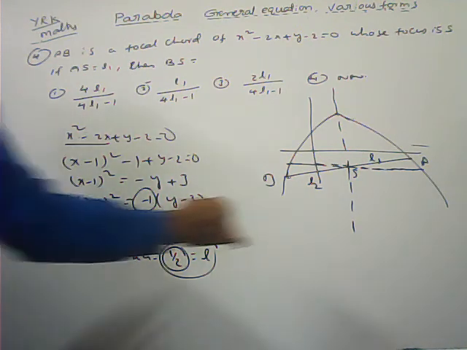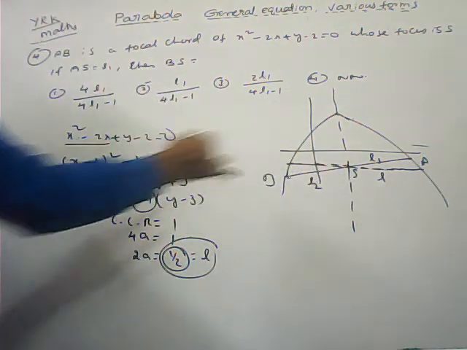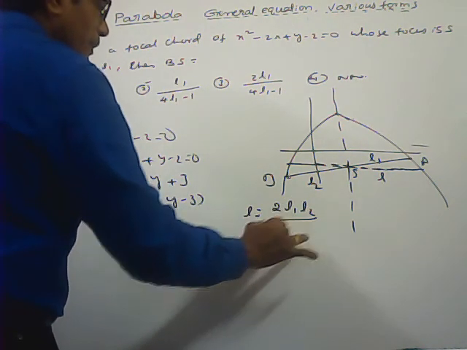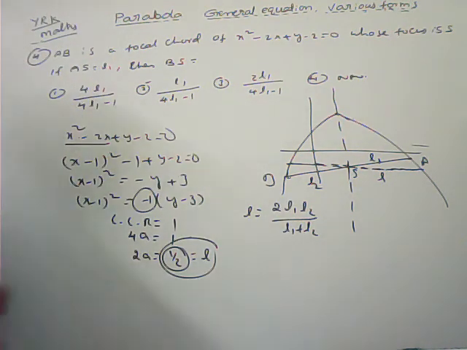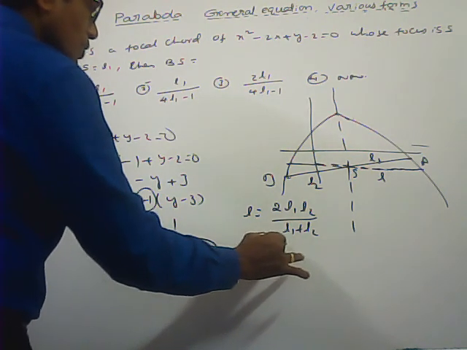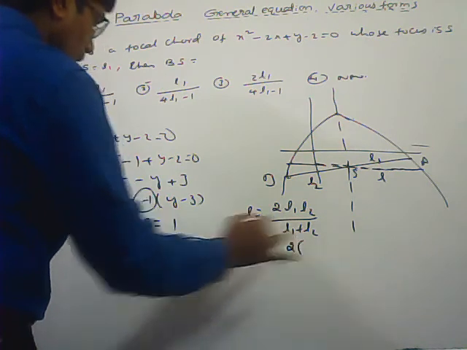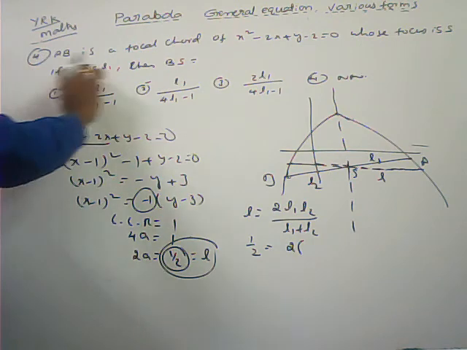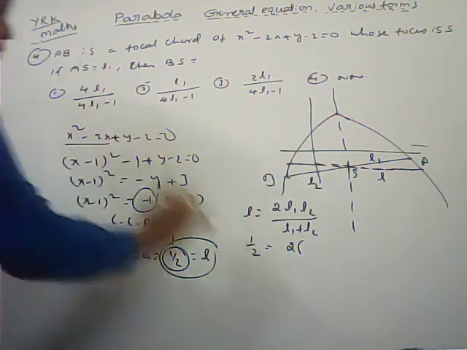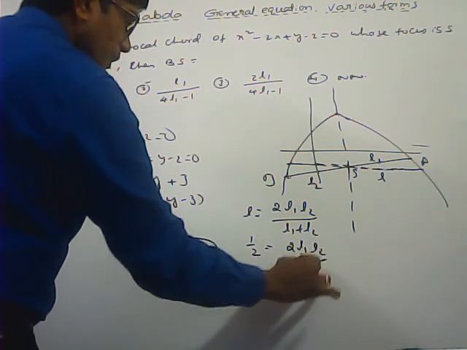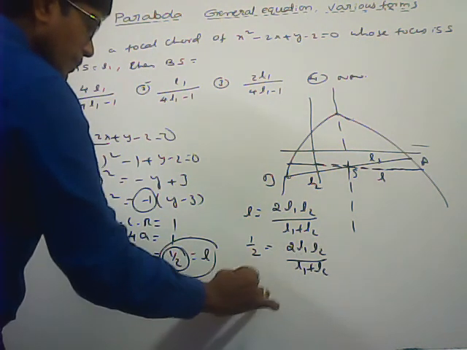And here a relation is there. L is the HM of L1 and L2, both the focal segments: L is equal to 2 L1 L2 by (L1 plus L2). The L value we got is 1/2, the semi-latus rectum. So 1/2 equals 2 L1 L2 by (L1 plus L2).